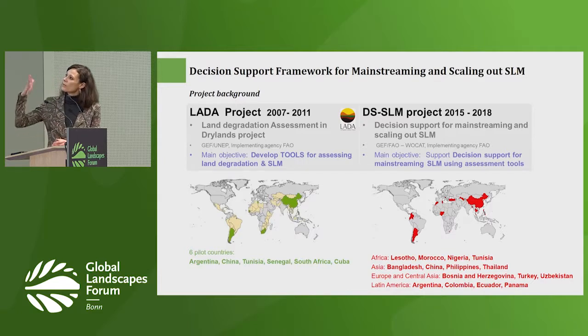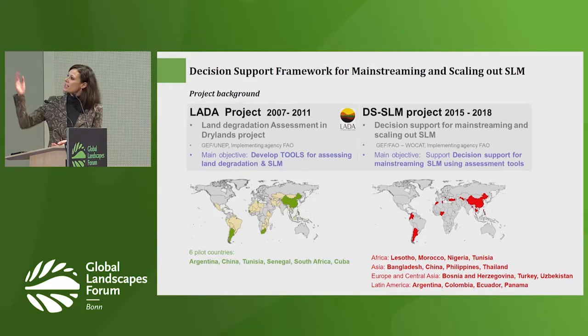And then what followed is the DSSLM project, where basically we said, okay, now we have a nice toolbox, but that is not very useful if we don't embed these tools in a framework that helps us to mainstream and scale out sustainable land management.